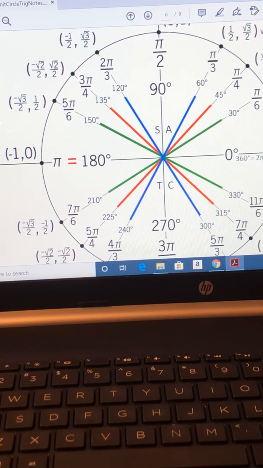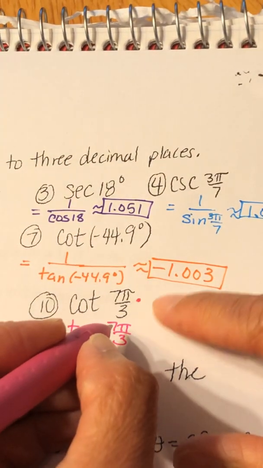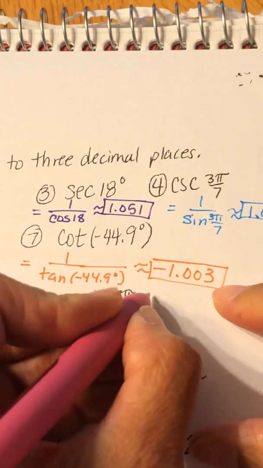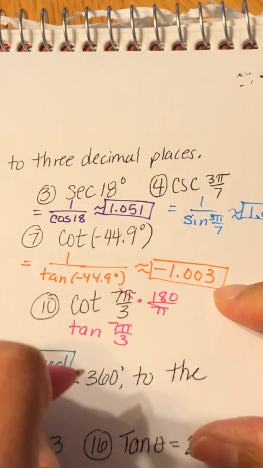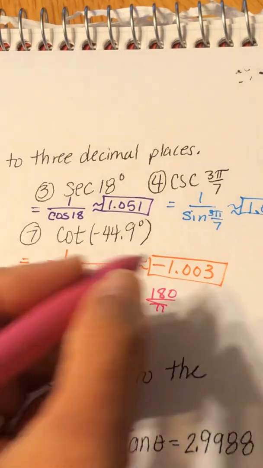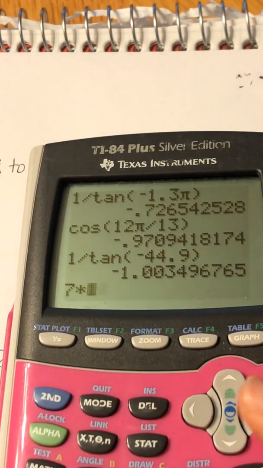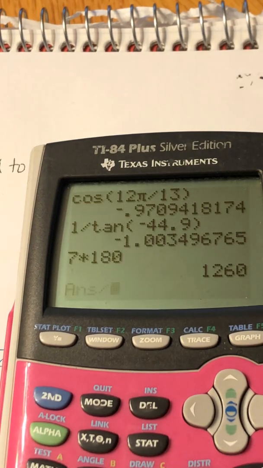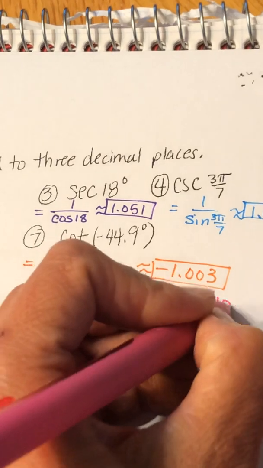So what I'm going to do is multiply. Let me go back to my paper. How many degrees is this? This is obviously bigger than the unit circle, so let's multiply by 180 over pi. Cancel out those pi's. So 7 times 180 divided by 3 is 420 degrees.